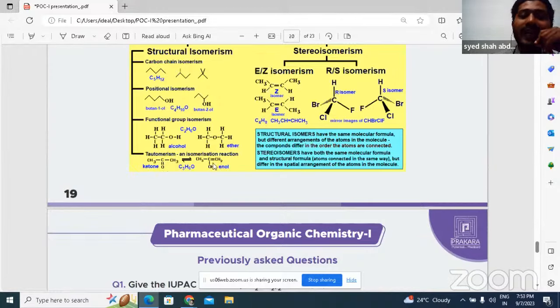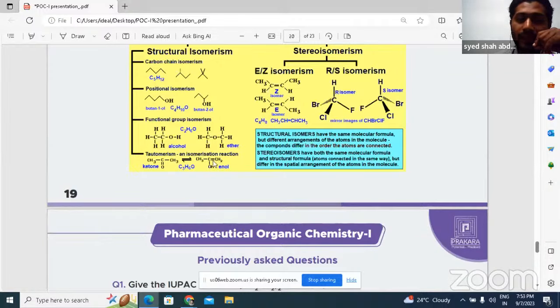Enol is nothing but an alkene which has an alcohol hydroxyl OH group attached to the carbon bearing the double bond.